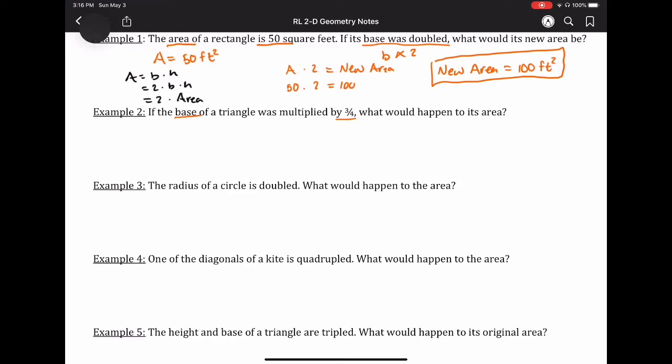So the answer to this question is the area would be 3/4 the size of the original area.